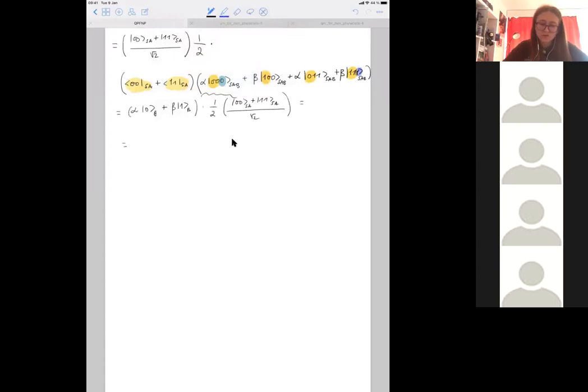And here the normalization would just give us 1 over the square root of 2.